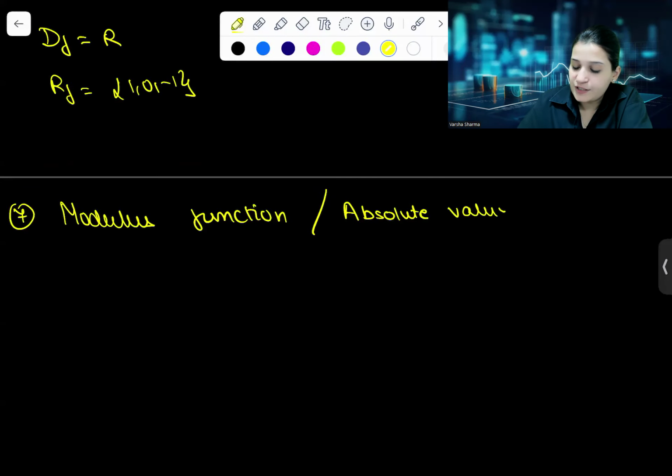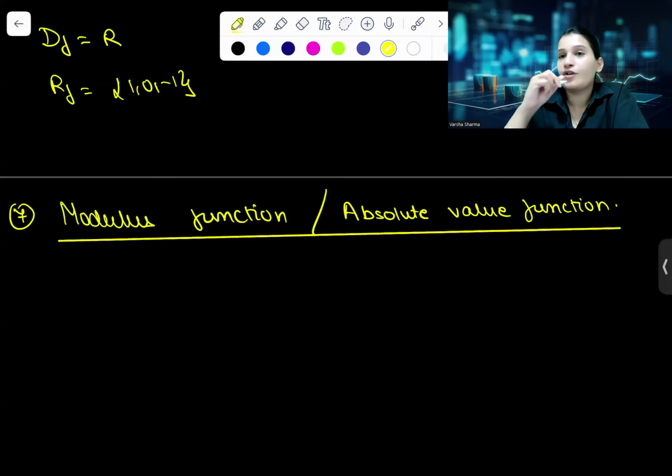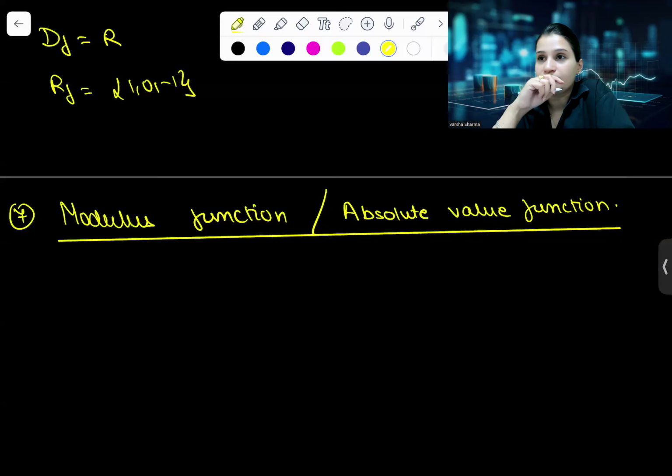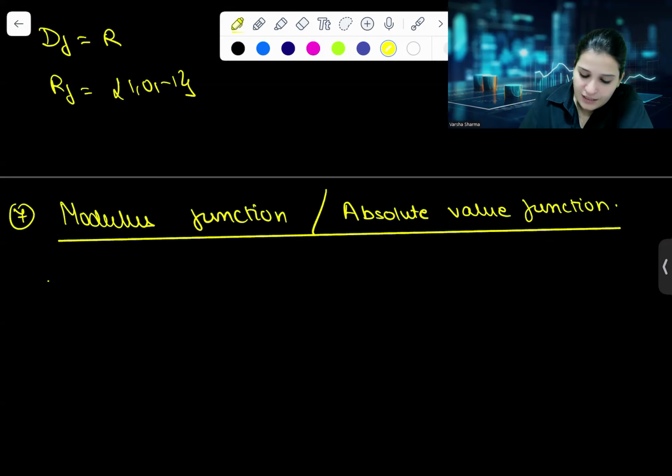Okay, understand first. Suppose for an example, I take mod x.